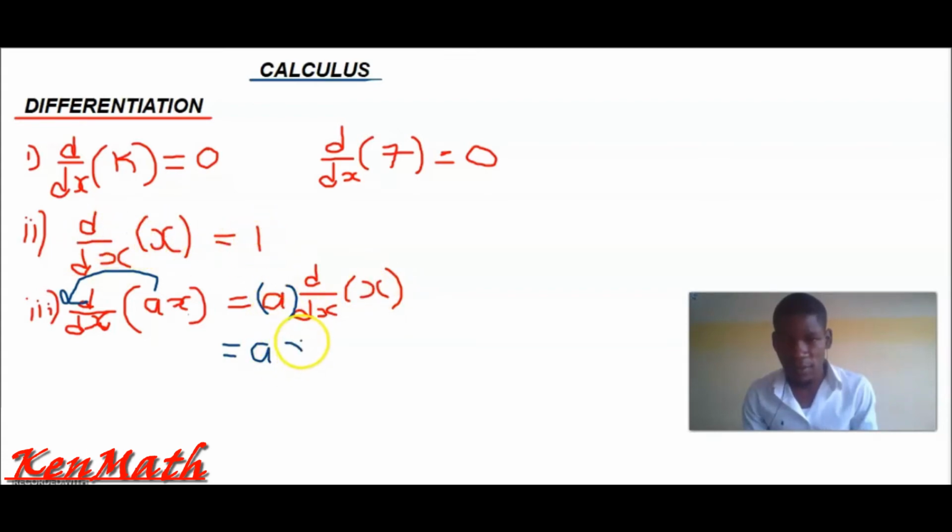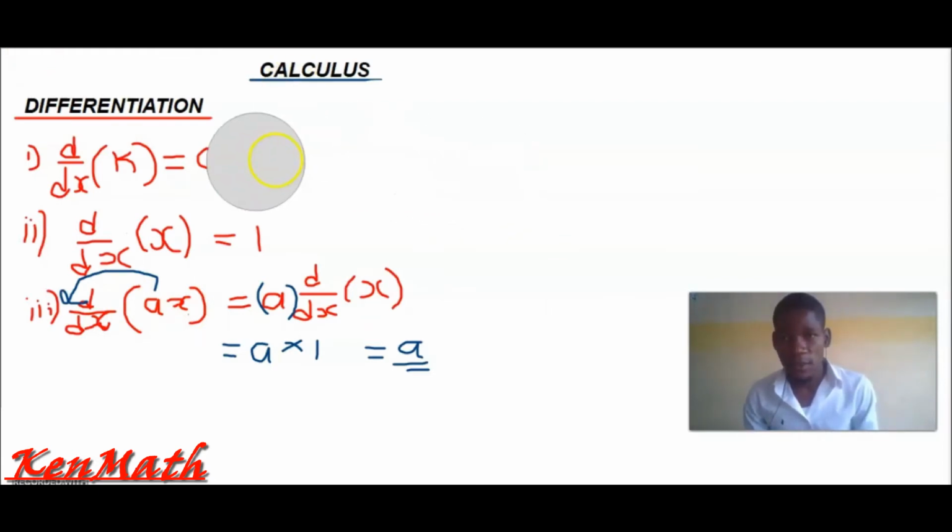So we multiply by 1, which gives us a multiplied by 1, so it will give us a. That's the reason why they say the d over dx of a number with x, or a term which is attached to x with a power of 1, is the same as the number in front. Let's look at the example.